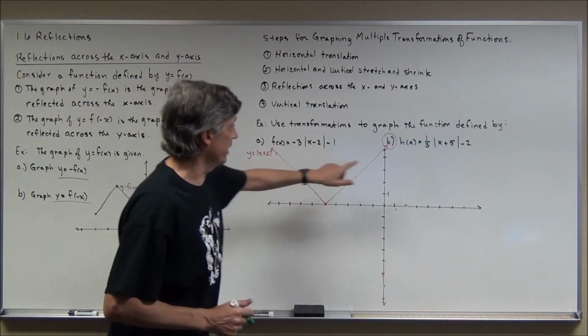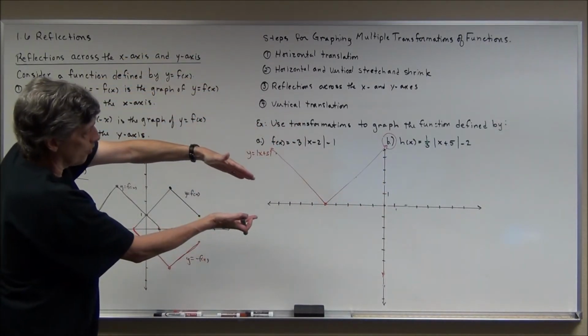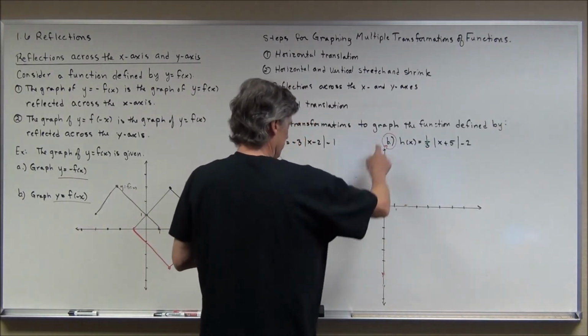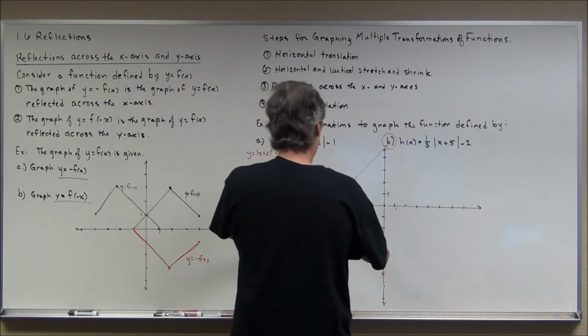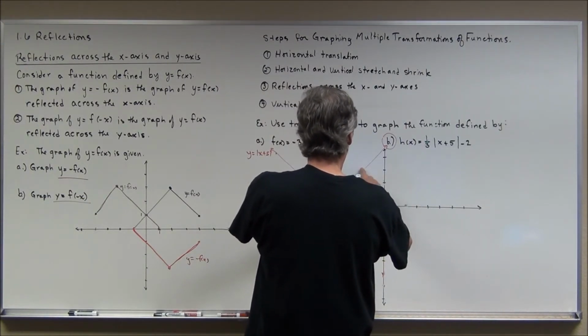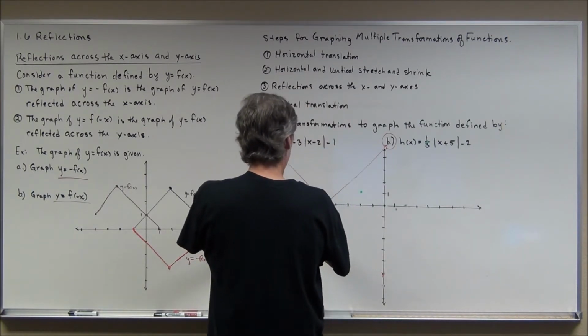So that's this guy. Now the 1/3 is a shrink horizontally by a factor of 3. So instead of going up here at 6, or see that actually that was at 5, and that's at 1, 2, 3, that would be 3, 3, so that would go down to 3, 1. 1, 2, 3, 3, 1.